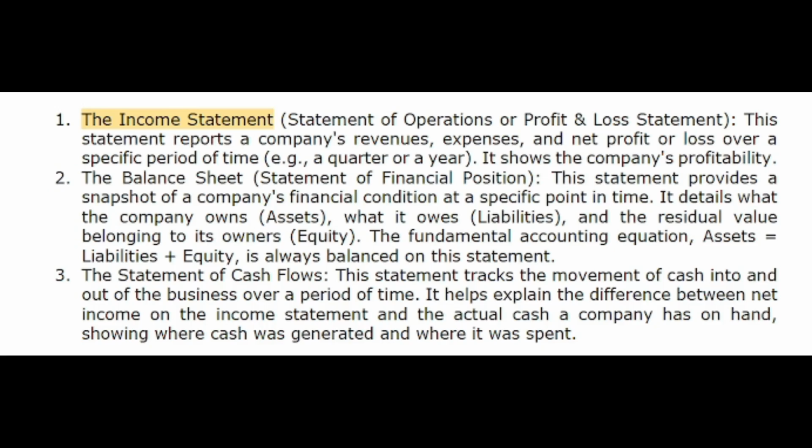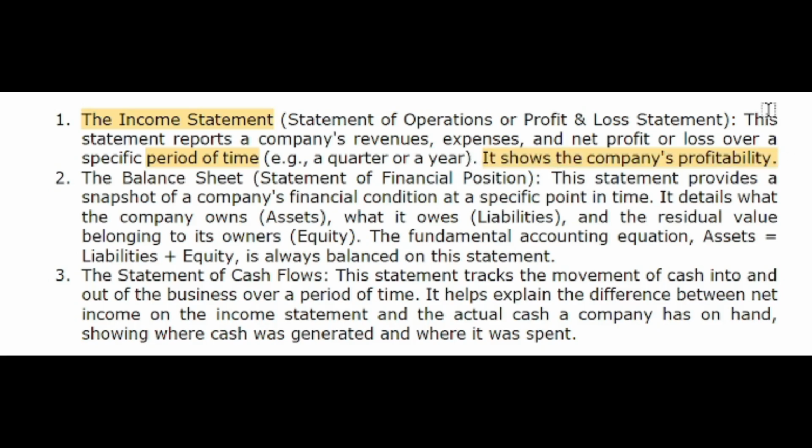This statement reports a company's revenue, expenses, and net profit or loss over a specific period of time. This period of time is very important, because we prepare the income statement for a period, for example for a quarter, half a year, or a year. Overall, it shows the company's profitability.